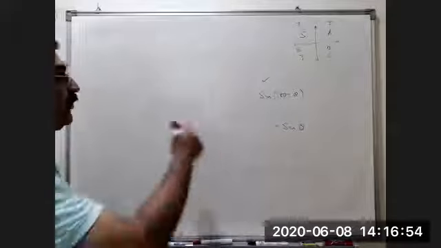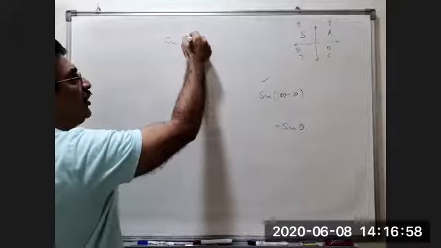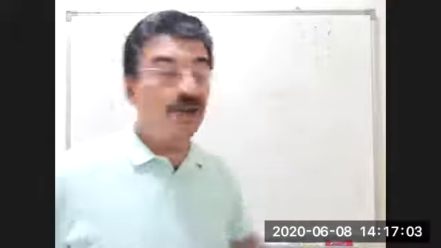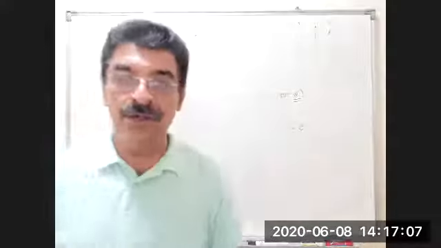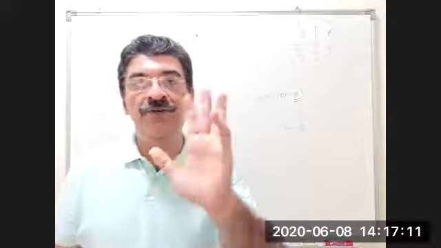This means the value of sine 150 degrees. See, it is always a multiple of 90 plus or minus theta. This theta will always be a standard value for you. Standard value means it will be only 30, 45, 60.